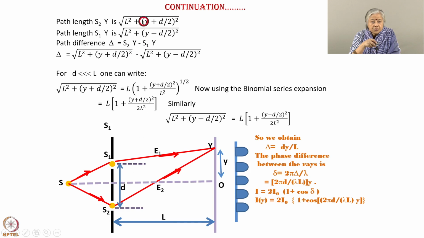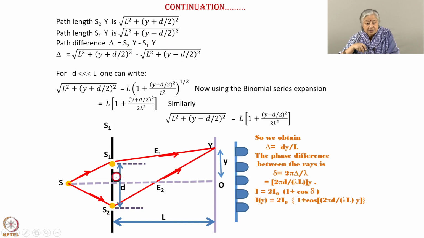So, geometrically you can see from the diagram S2y is given by this, and S1y is this, where y is just this point here. The path length of S1y is given by root of L square plus y minus d by 2 whole square.